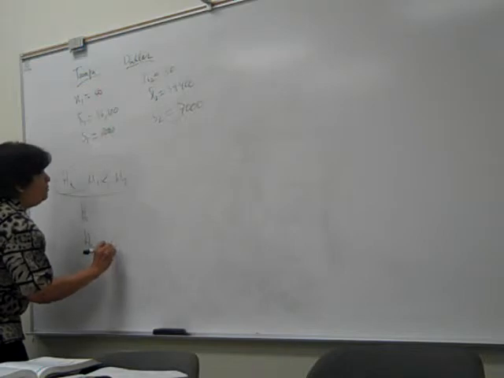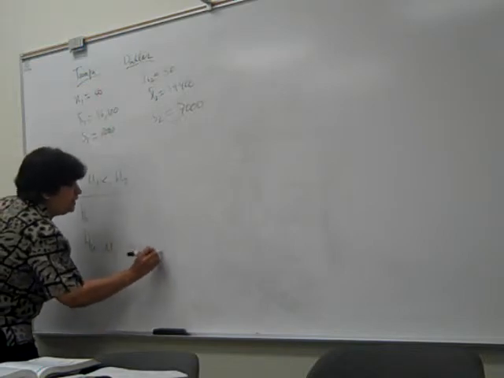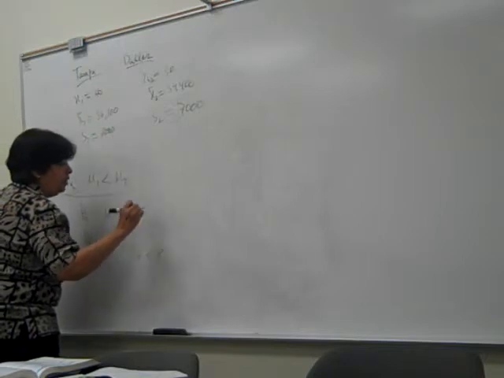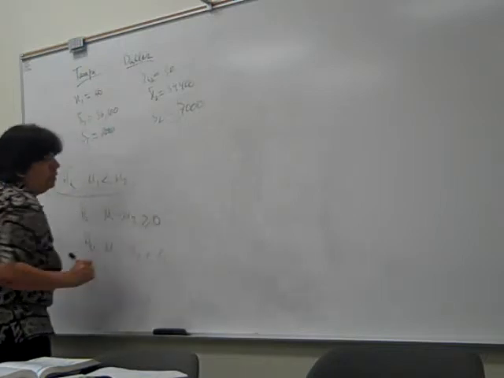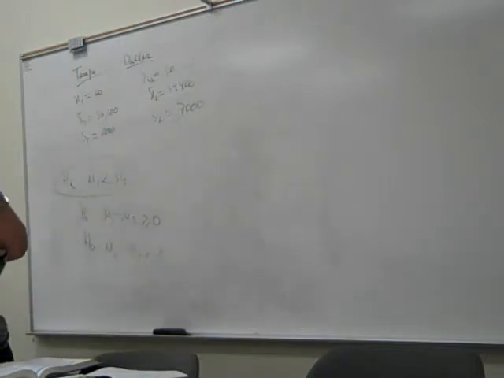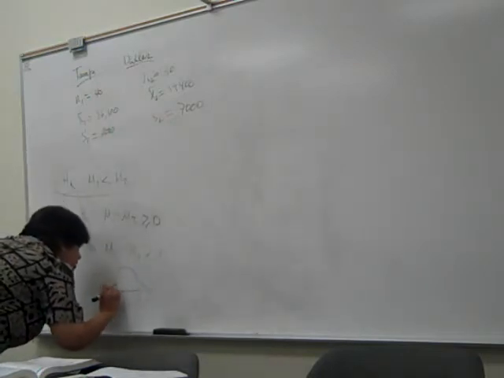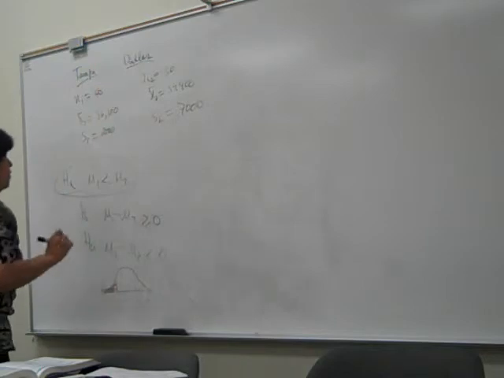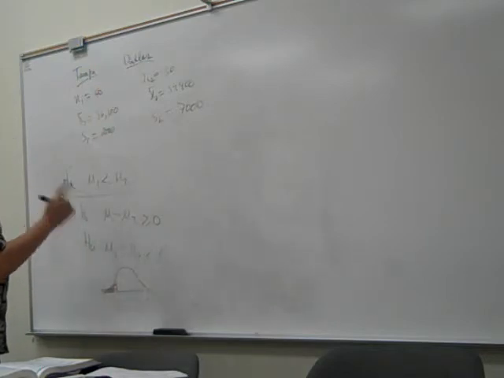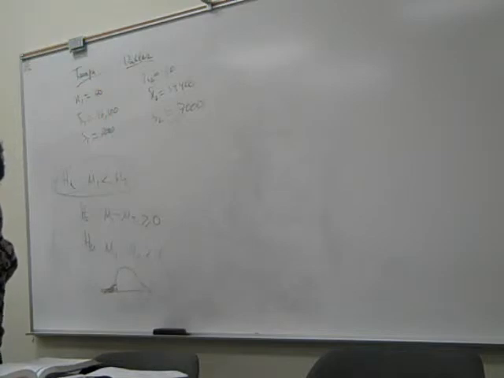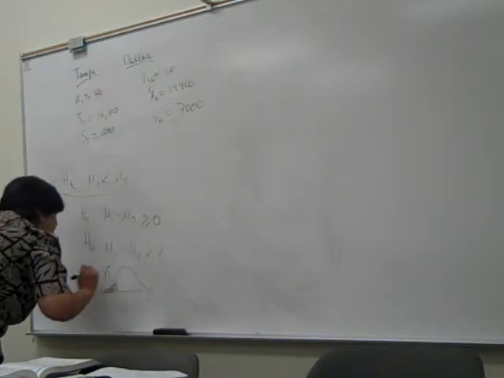The alternative is mu1 minus mu2 is less than 0, against the null hypothesis that mu1 minus mu2 is greater than or equal to 0. In this case, we do have a lower tail test, okay? And we are going to use t, and they said use alpha equal to 0.05.